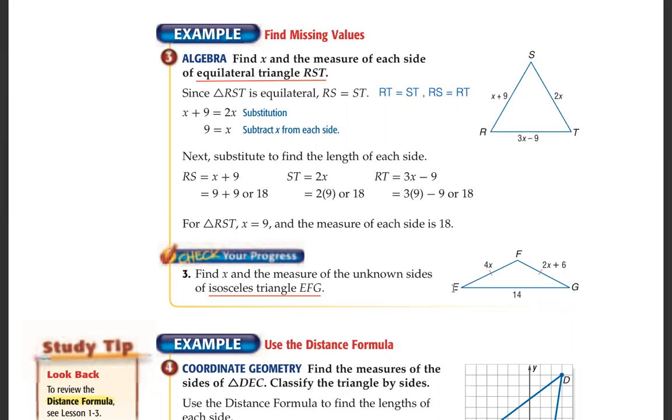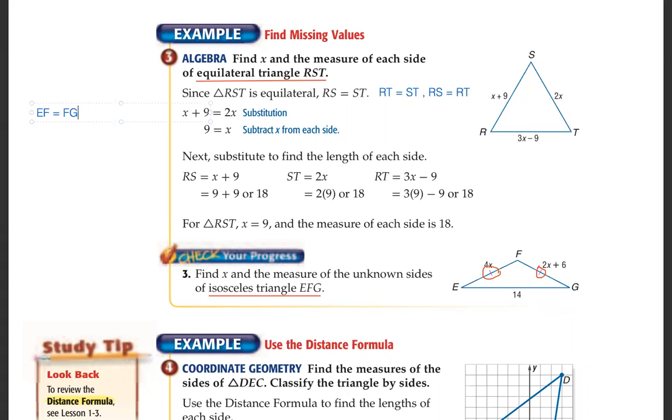Okay, so we look at the figure. In the figure, it's given that EF and FG are congruent because of these indicators, these small lines on the sides that tell us that these two sides are equal. And so the only way to solve for x is to use EF and FG.